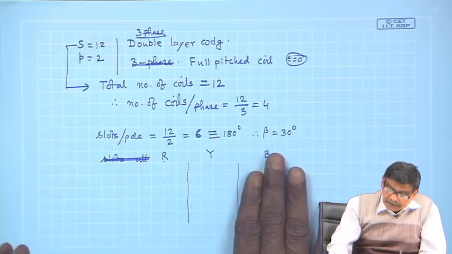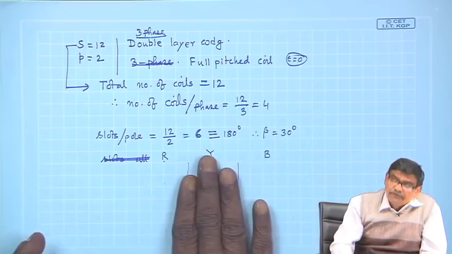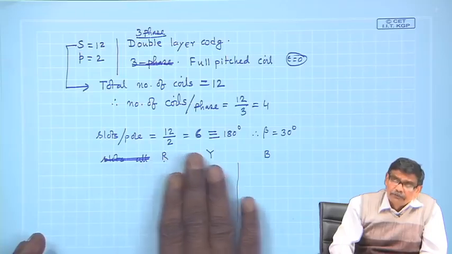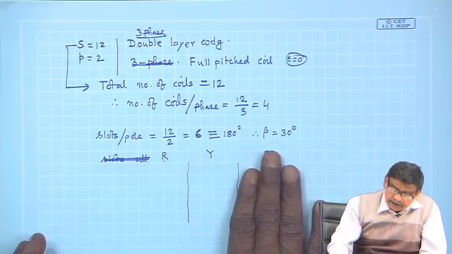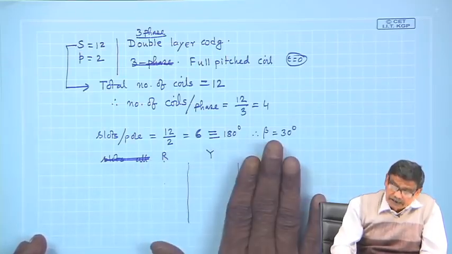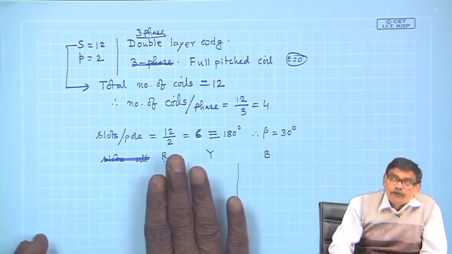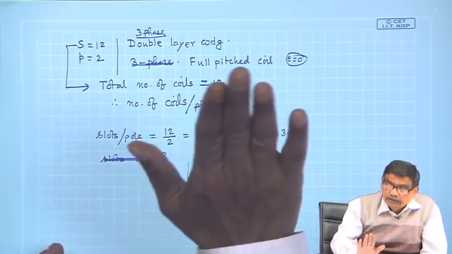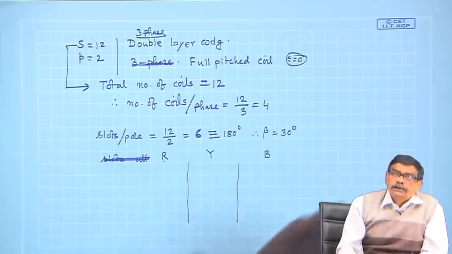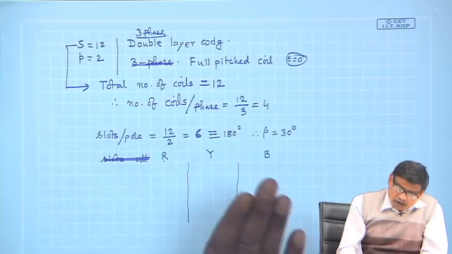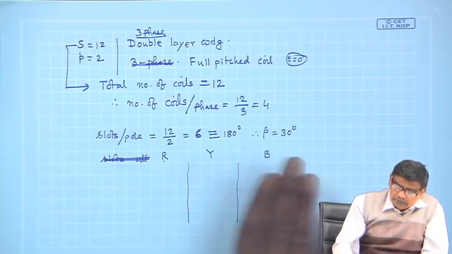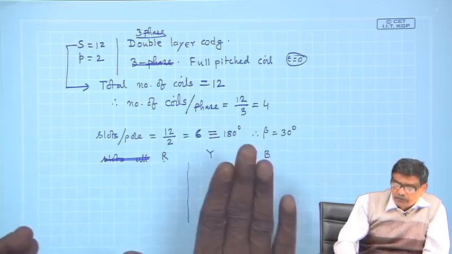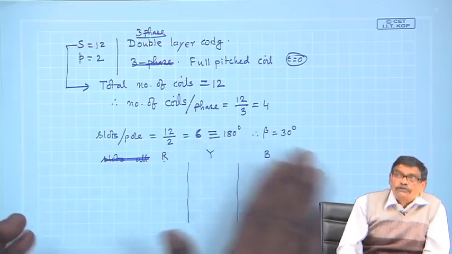Similarly, B phase winding too will be similar to R phase winding, but displaced from R phase in space by 240 degrees, or displaced in space by 120 degrees from Y phase winding.